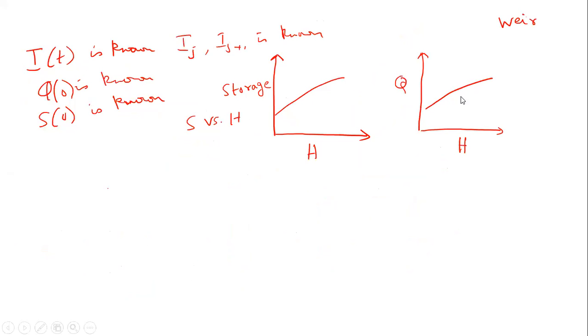given the relationship between storage and H and Q and H, can I derive a curve by combining these two curves?